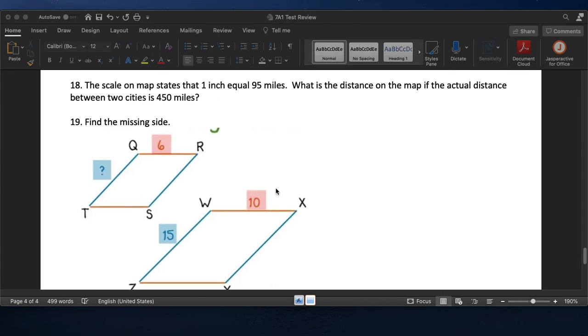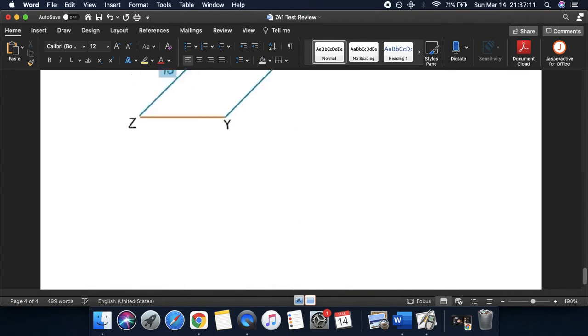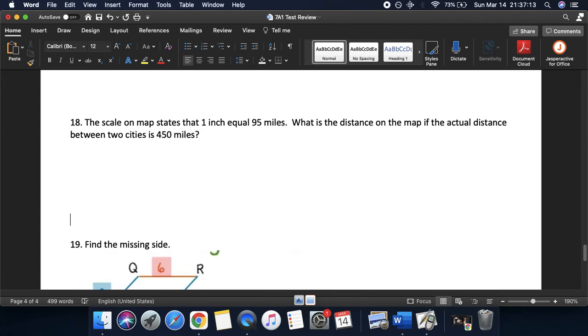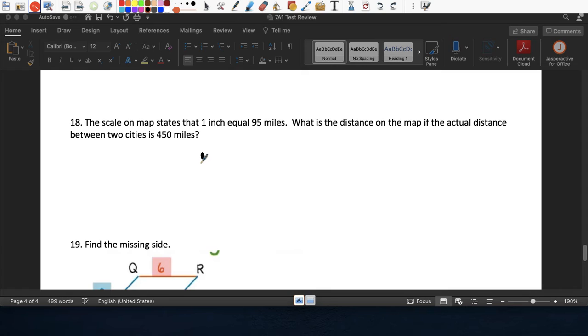What do we have here? 18. So again, we got a map. So the map gives us a scale. So let's write our scale down. 1 inch is 95 miles. On the other side, I'm going to write inch and miles. And what is it that they say? That the distance between two cities in real life is actually 450 miles.